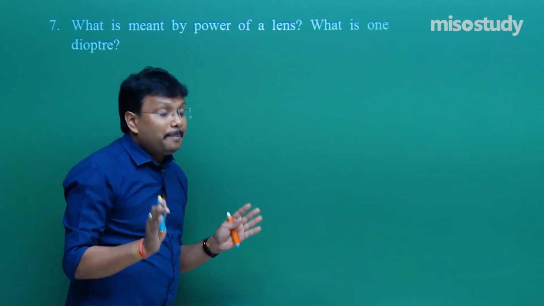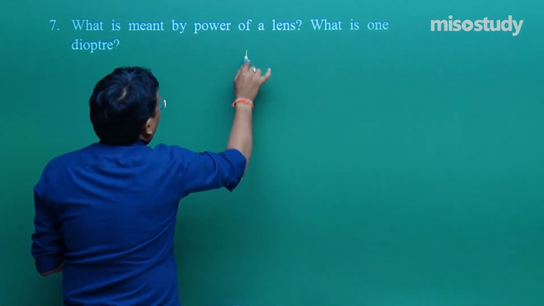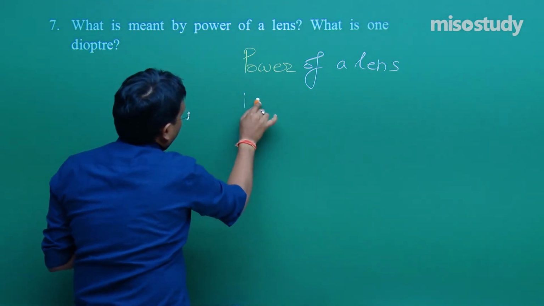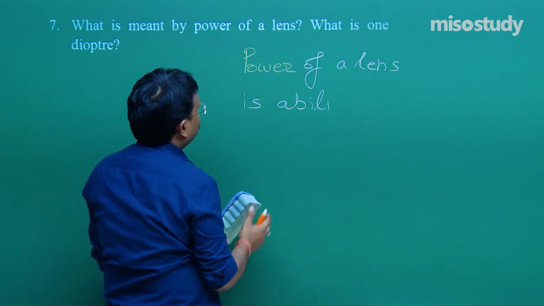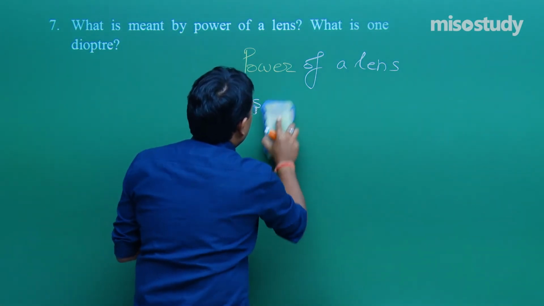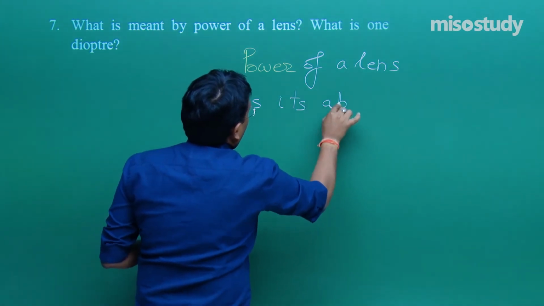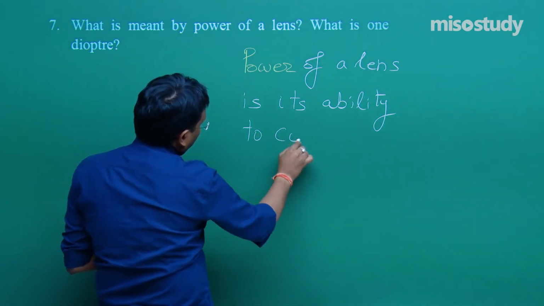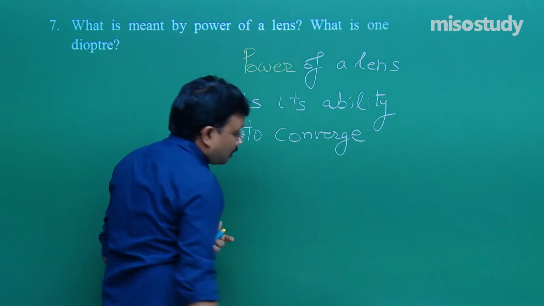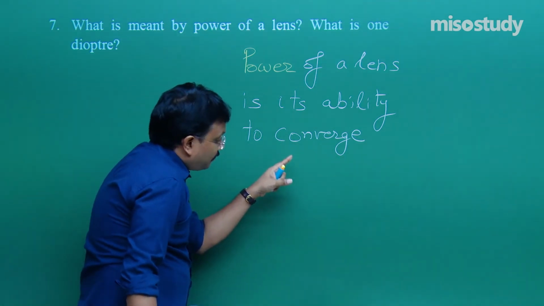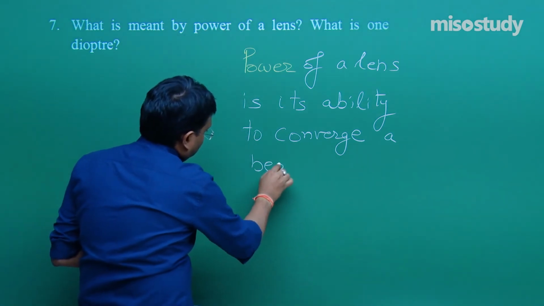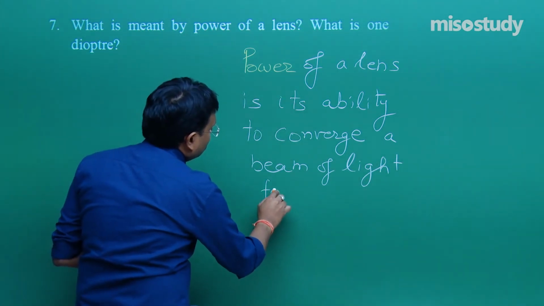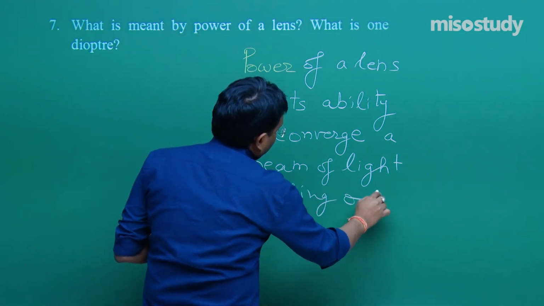Power of a lens is its ability to converge or diverge, both, a beam of light falling on it, fine.